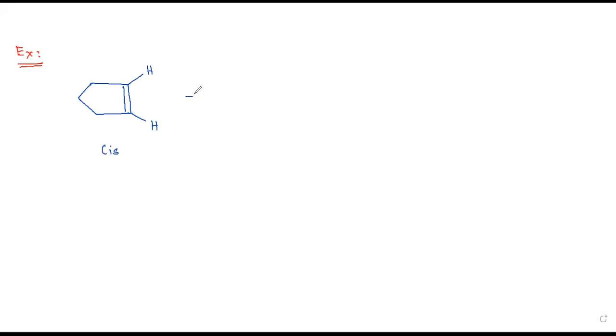Because both the hydrogens are on the same side. When treated with bromine in CCl4 solution, according to this, cis with anti-addition, what do we get? We get a racemic mixture.